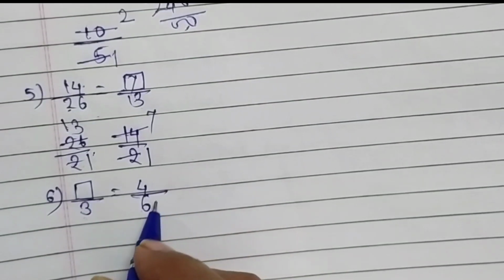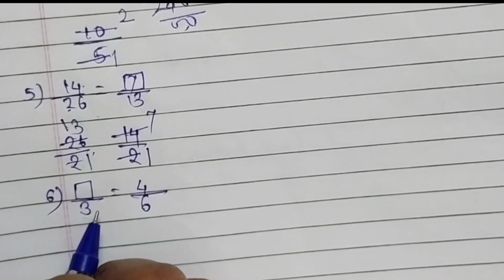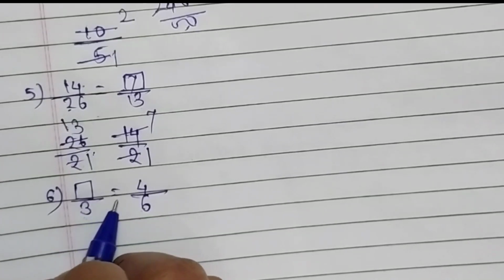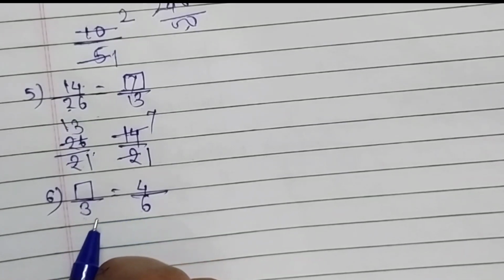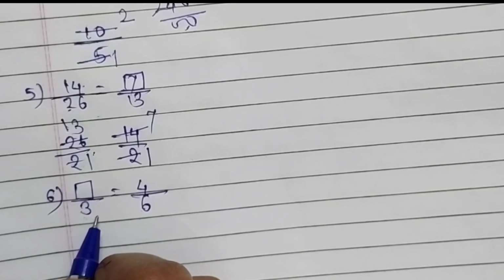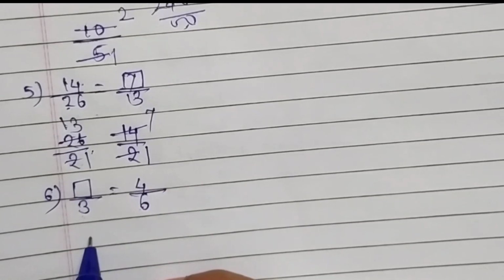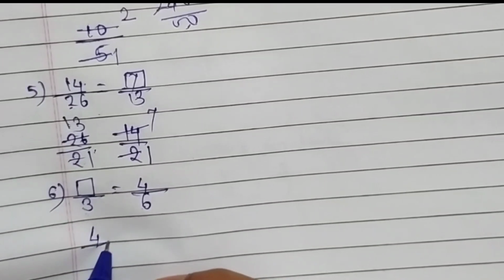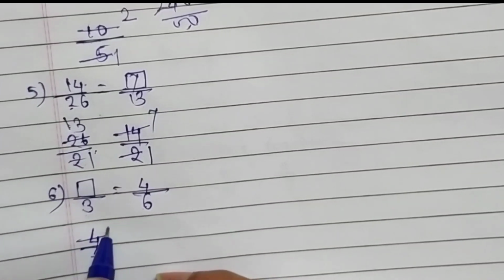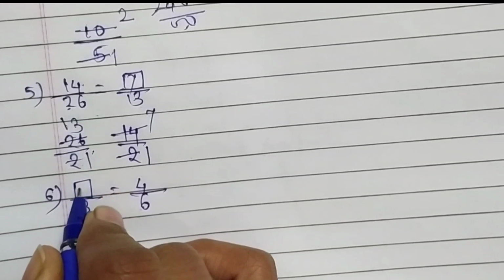Means we have to divide 6 by 3. Then we get the number 2. So just divide 4 by 2. The answer is, when 4 divided by 2, 2 2s are 4. The answer is 2 here.